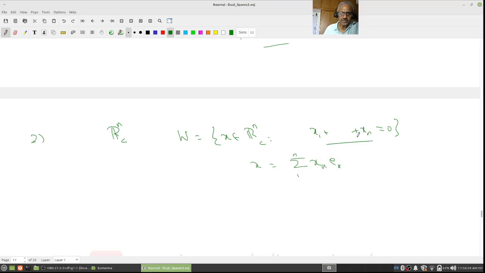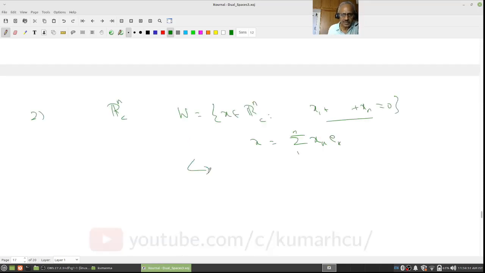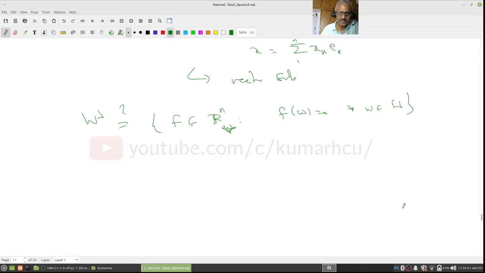Then we know this is a vector subspace. So what is W perp? It is the set of all f in the dual of R^n, which is R^n, so that f of w is 0 for all w in capital W. This is our definition.